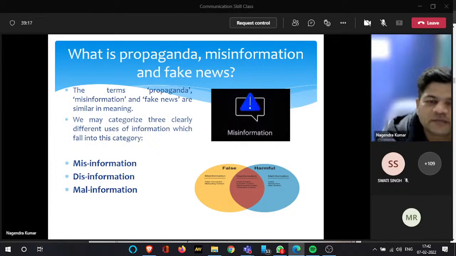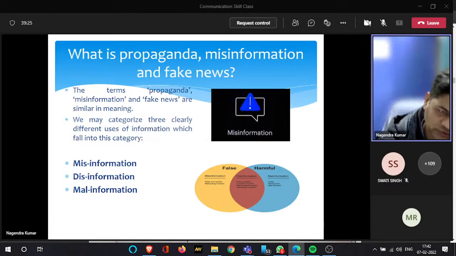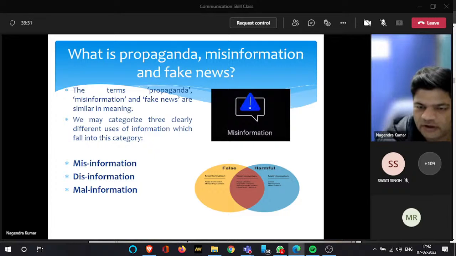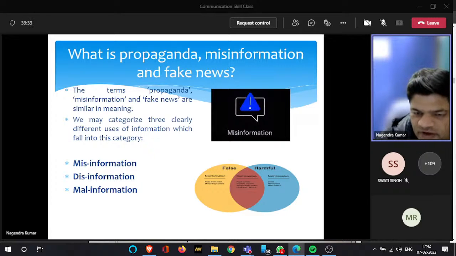So propaganda, misinformation, these are also part of fake news. And so basically they are categorized into 3 categories: misinformation, disinformation, and malinformation. So basically, misinformation is false connection or misleading content.